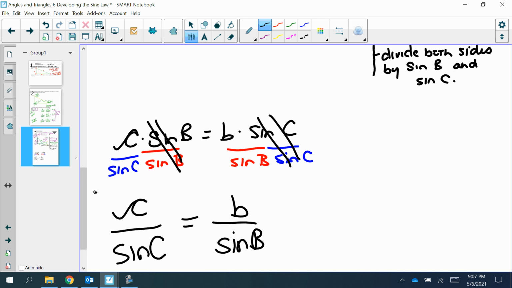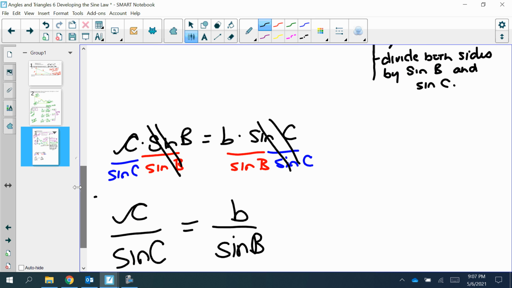So I just wanted to represent what I was saying down here, just so you can see, if I divide both sides by the sine of b, it's going to cancel on this side. If I divide both sides by the sine of c, it's going to cancel on this side.